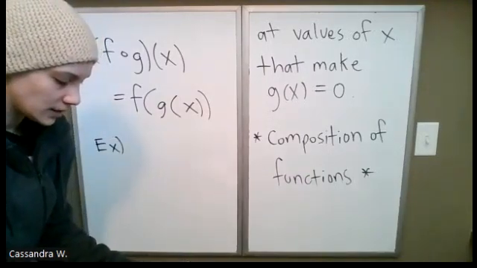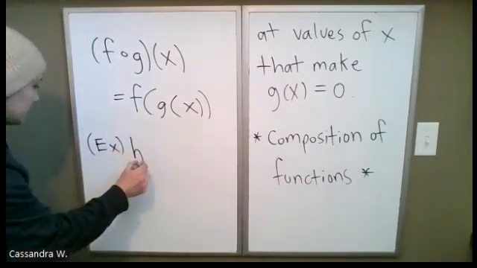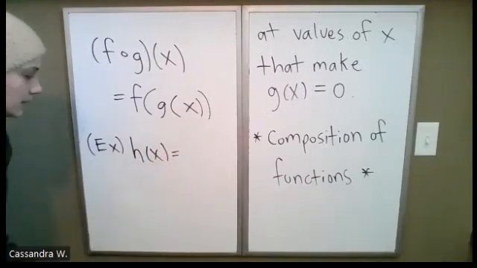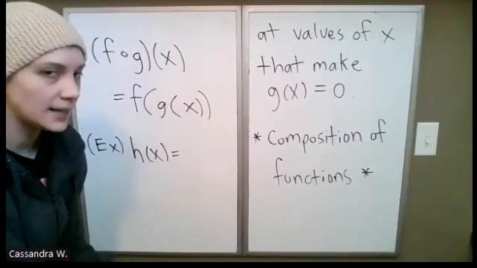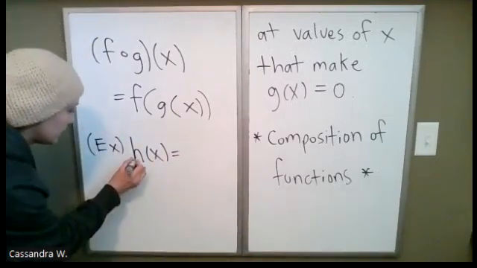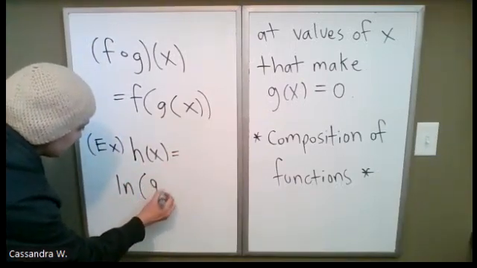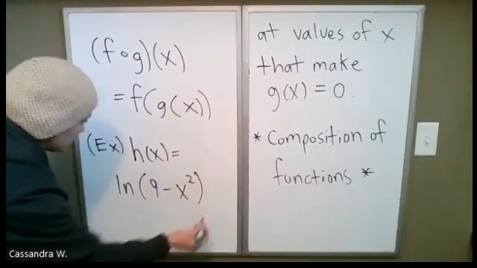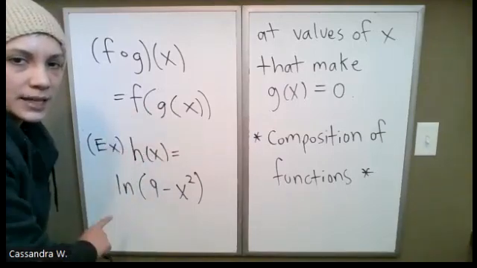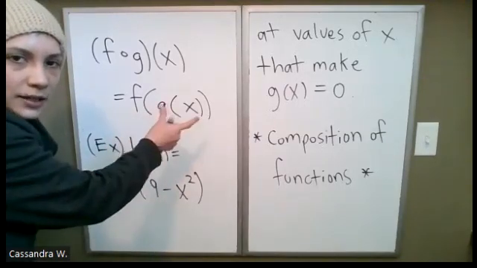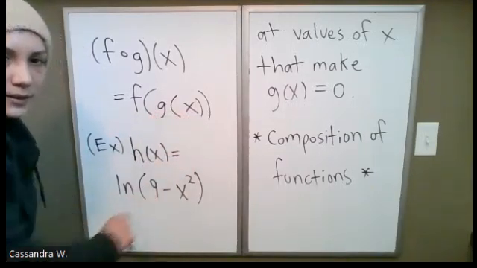We're going to call this h of x. It's ln of 9 minus x squared. Okay, so the outer function f would be ln of x, and the inner function g is this 9 minus x squared.